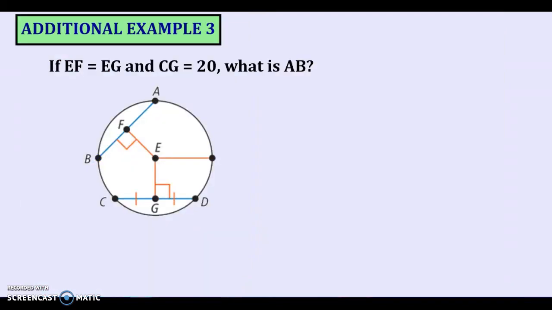So here I have this example. They tell me that EF is equal to EG. That's good because I have lines or chords being congruent from my center. And they tell me that CG is 20. So that distance right here is 20. And I want to find AB, this whole distance. Well, I know that because these are marked as congruent, this piece will also be 20.